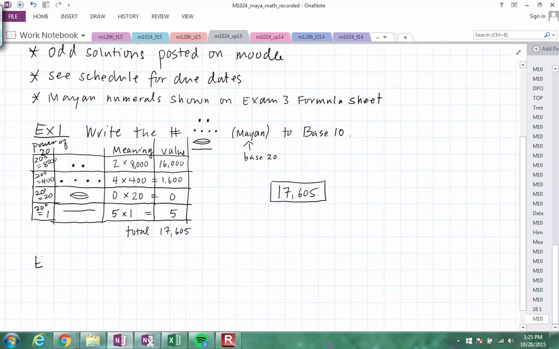So just going to do one more example going the opposite direction. This time, instead of doing the same example backwards like I did in the binary situation, we're going to do a new one. We're going to start with the number 35,628 in base 10.